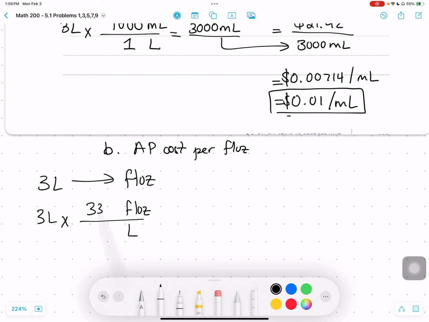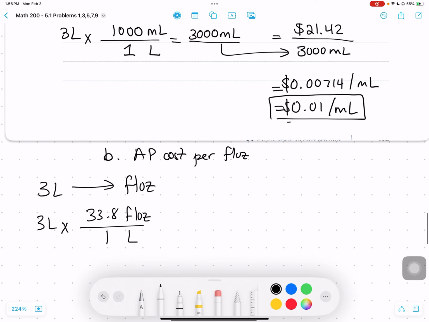So let's do the math here. 33.8 times 3. Total number of fluid ounces is 101.4.